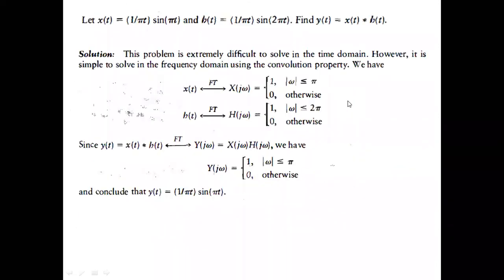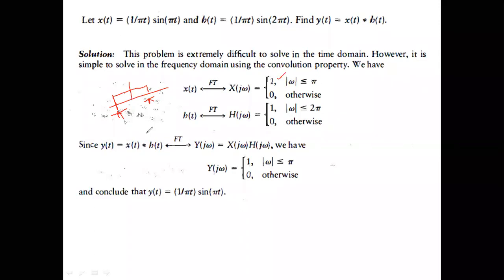In the first case, it turned out to be from minus pi to plus pi, so this is 1 from minus pi to plus pi.